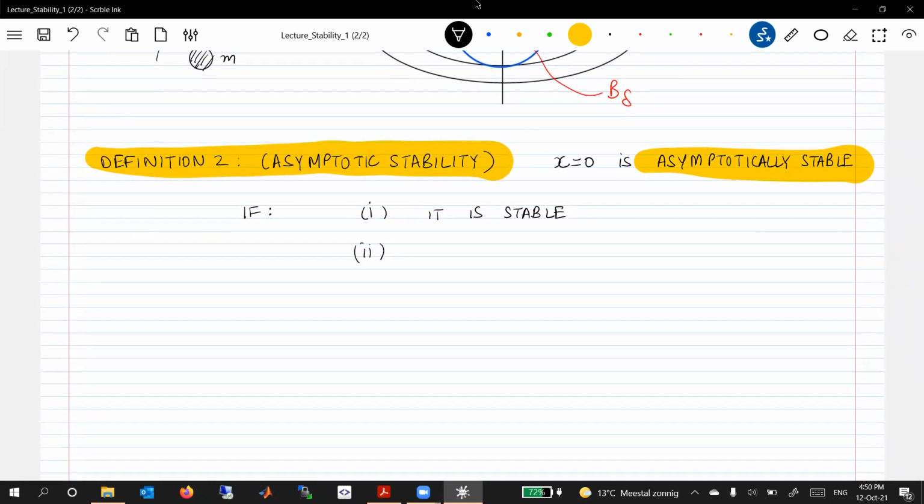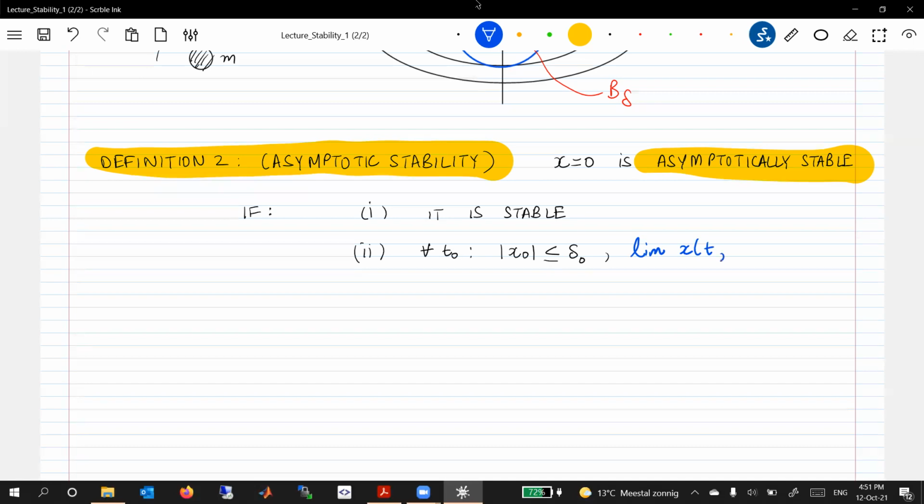And secondly, we want the solutions to decay towards the fixed point. So for every initial condition, no matter what initial condition we choose, potentially in a smaller delta ball, say delta naught, the solutions should be decaying towards the fixed point.